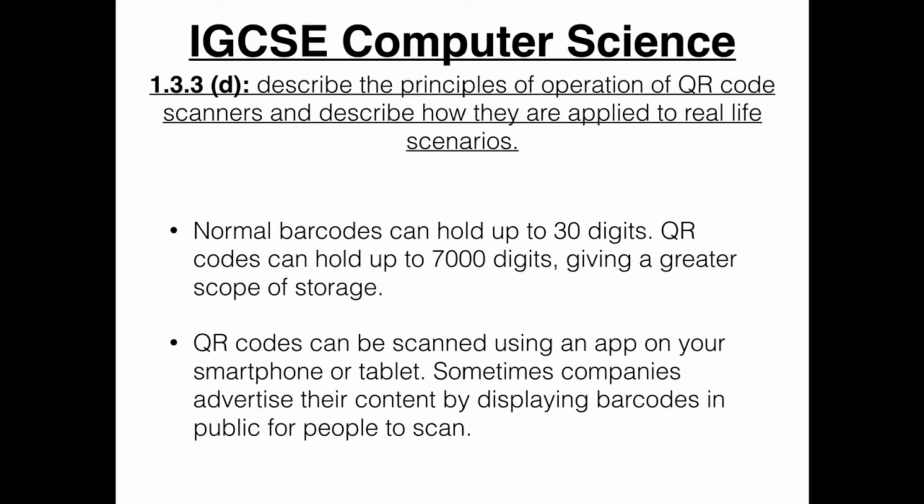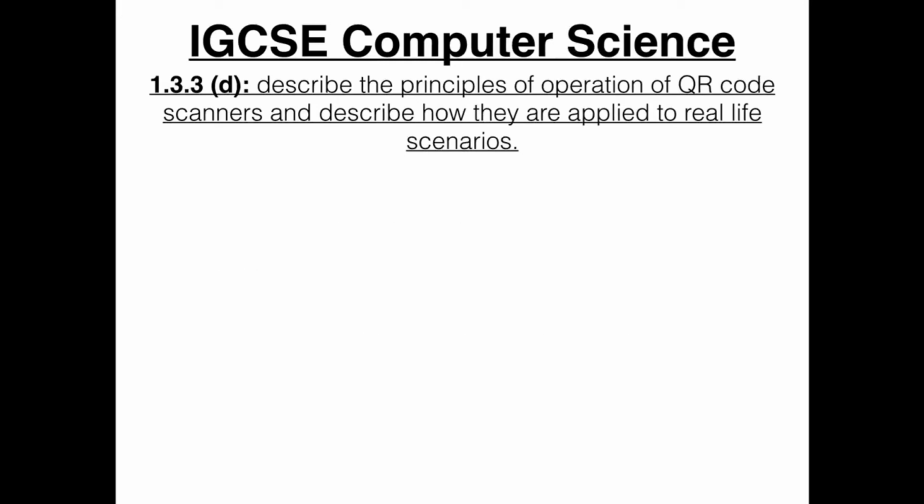Now, this is another advantage, as you don't need a barcode scanner. You don't have to carry a barcode scanner around with you to scan stuff in public and get to websites, but your phone can do it. This is quite a big advantage, because most people carry phones with them in public.